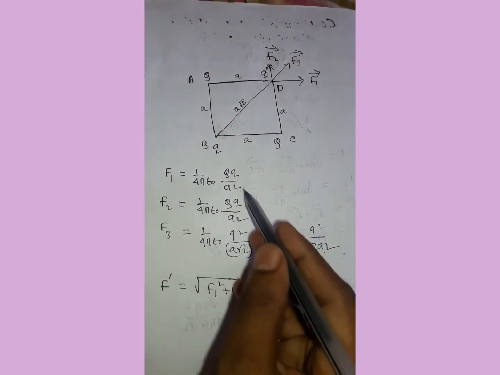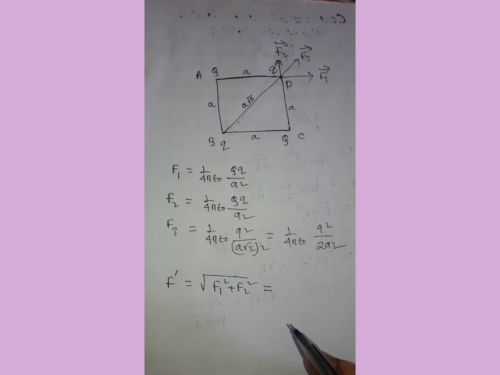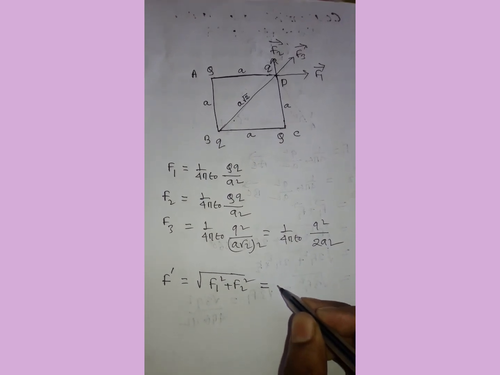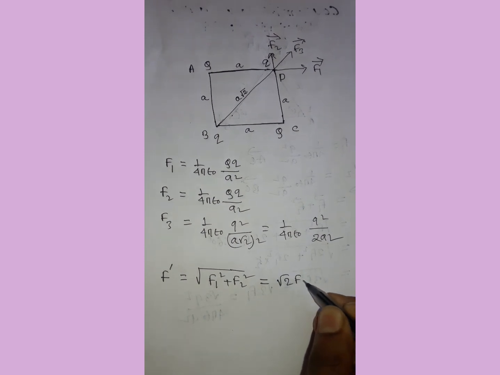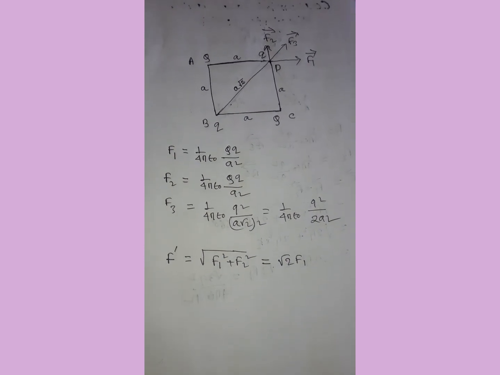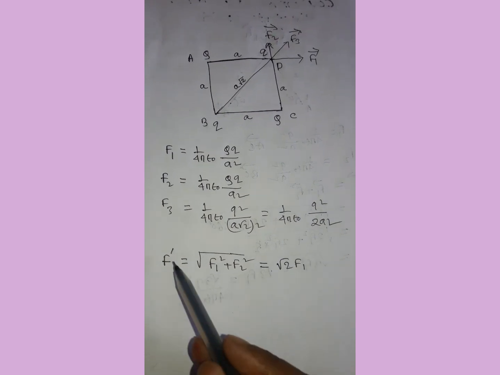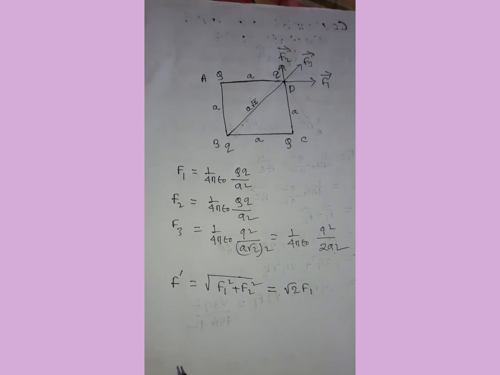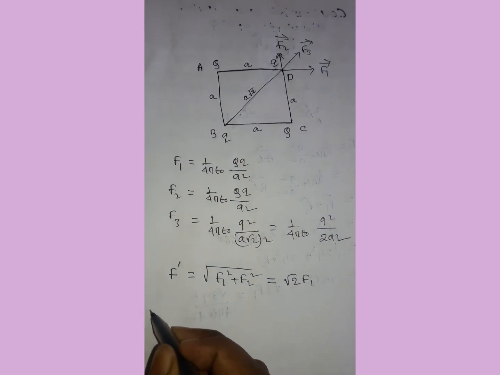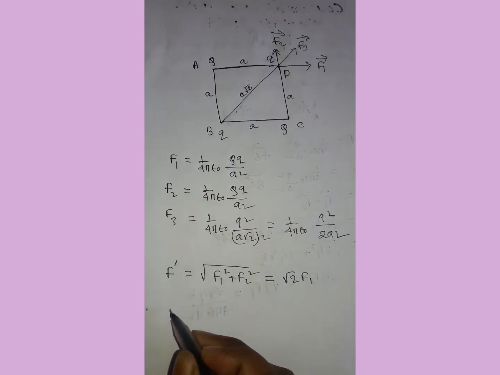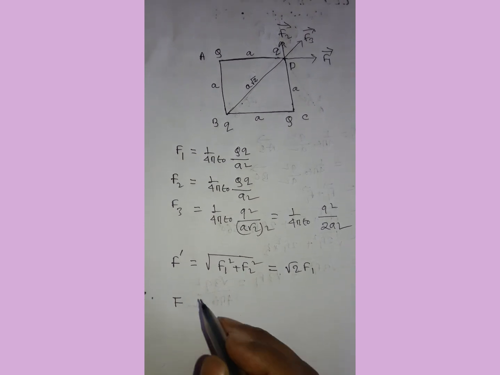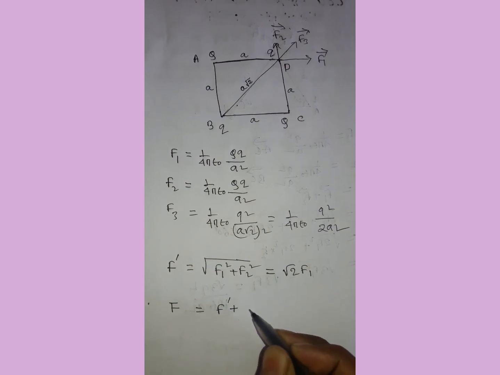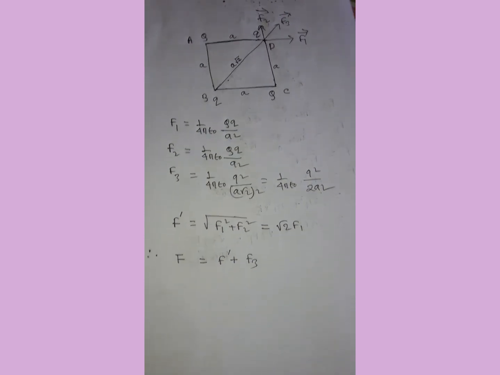From these two relations we see that F1 and F2 are numerically the same, so this is root 2 F1, and the force F dash is along the line BD. Therefore, the resultant force on the charge small q placed at D is given by F dash plus F3.